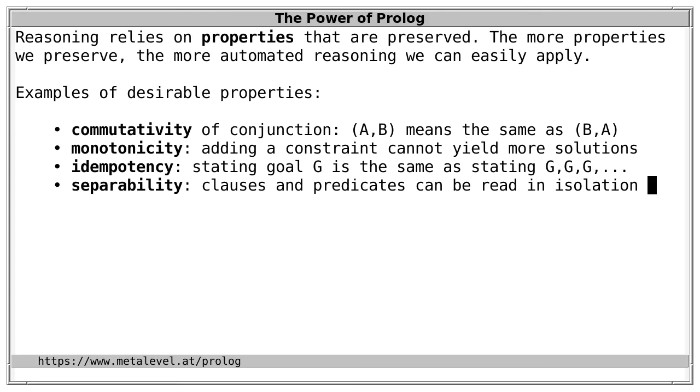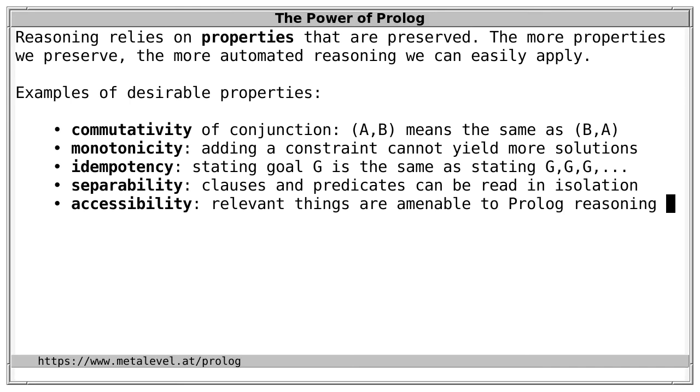For example, cut violates this because it introduces dependencies between clauses of a predicate. And another property, for which I also don't have a better name at the moment, could be called accessibility. I mean that all relevant things are amenable to reasoning.